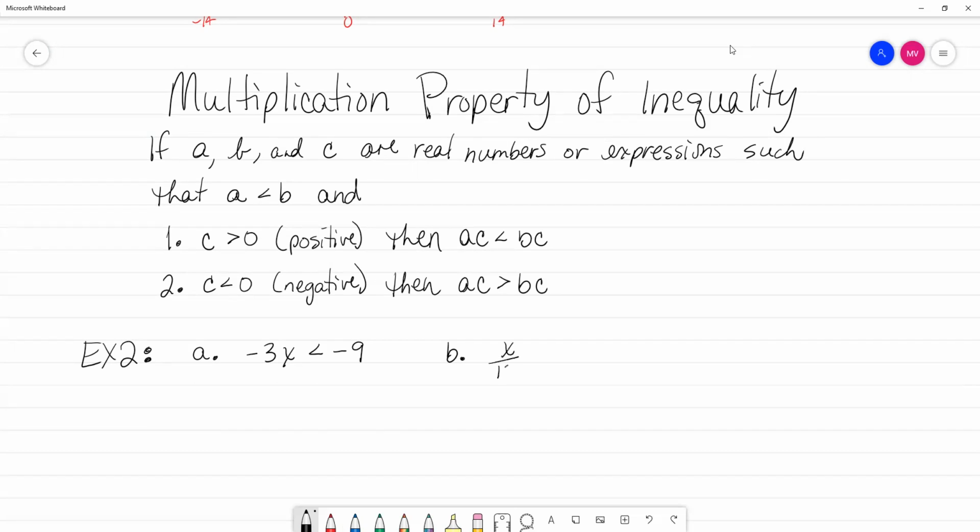We have x divided by 12 is greater than -4. And we have -5/2 times x is greater than or equal to 25. Does everybody have the multiplication property of inequality? Y'all still writing?